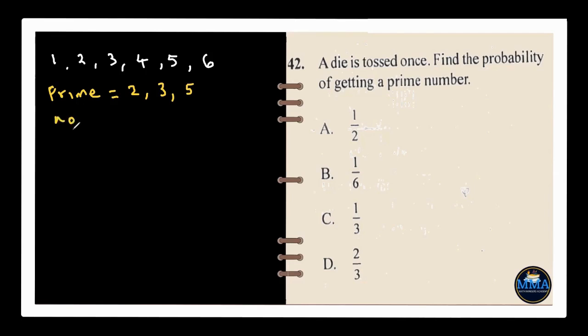So the number of primes equals 3. So now, probability of getting a prime number.